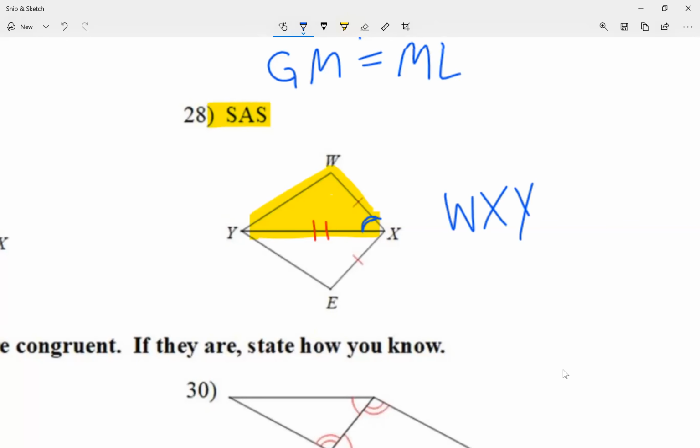Now, if you call it YXW, you're okay. Just make sure X is in the center. This is equal to, now which angle on the other triangle? You'd be like, well, it's this one. Okay. So looking at the white triangle, use the 3 letters, make sure X is in the center. So I'm gonna call it YXE, all capital letters.